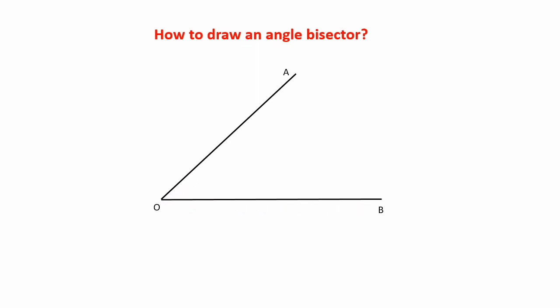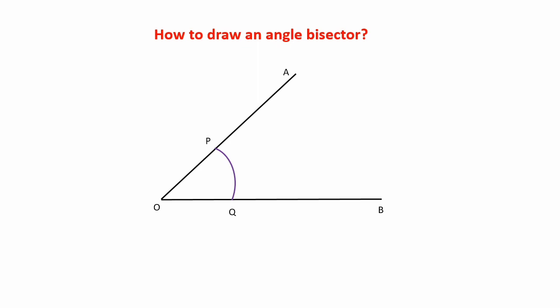Now we have to bisect angle AOB. For that, use your compass, take any radius, fix at O and draw an arc connecting the two arms of the angle, that is OA and OB. Let's label the meeting points of the arc and the arms as P and Q. Then you can use the same radius or you can change the radius, it's not a problem.